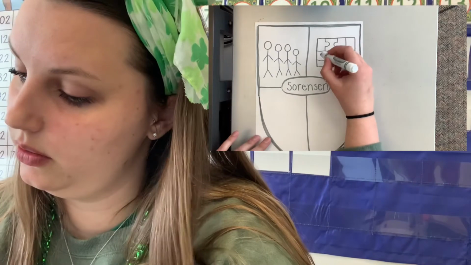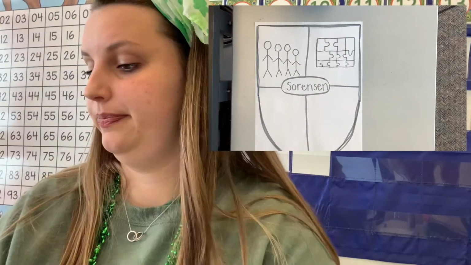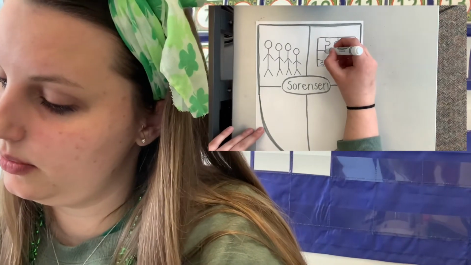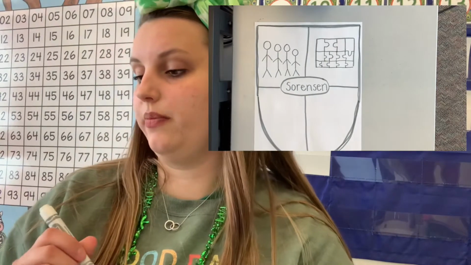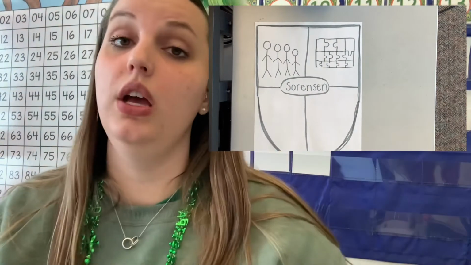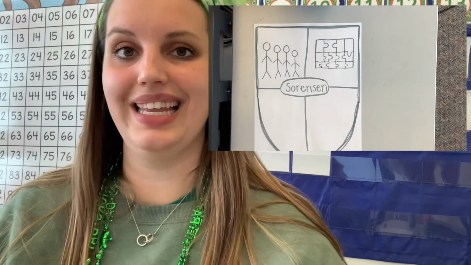I'll do another one right here. Boop. And one. Just kind of feeling one there. Okay, so I did a puzzle. You can do whatever you like to do with your family. Now we're gonna move on to the next part.